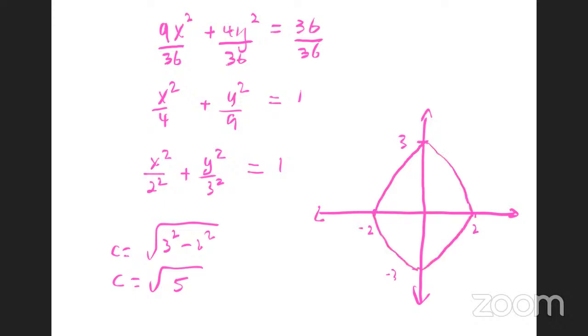Mine's not perfect, yeah, but root 5, negative root 5. It's not a circle anymore.